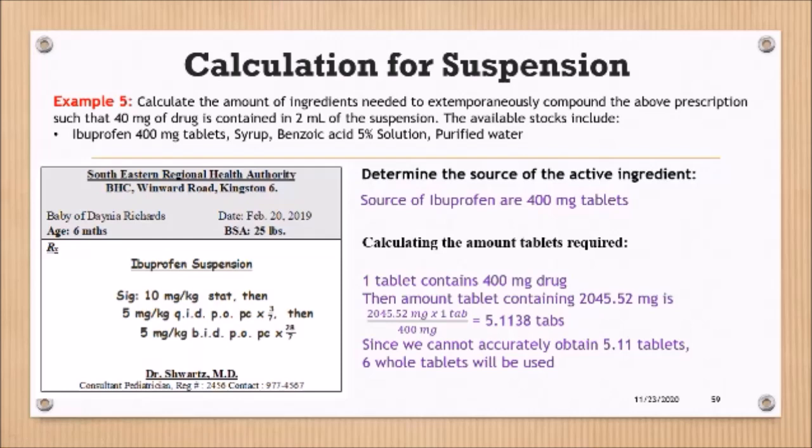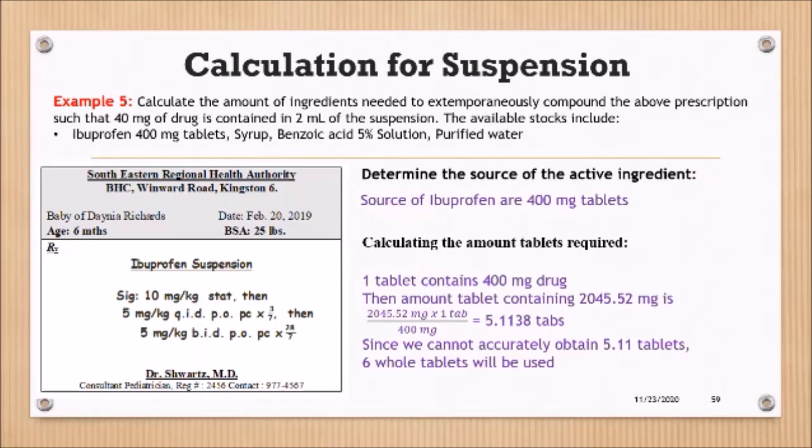I have 5.11 tablets. All the nerves and cells in your body saying, Ms. Price, we need to use 5 tablets. No, because 5 tablets is going to contain less than the 2,045 milligrams of ibuprofen that you want. So you have to maintain 5.11 or use greater than 5.11, which would be 6 tablets.